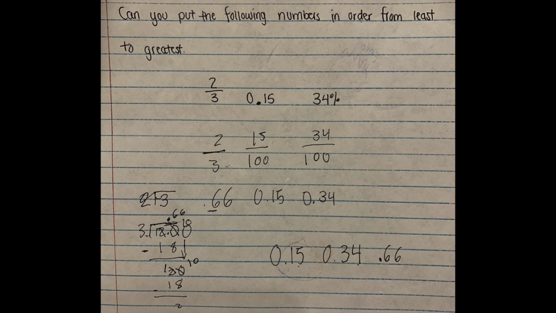Well, what did we do yesterday in class? So if you have the fraction 2/3, what do you think you could do to make it a decimal? Multiply? Like, divide?